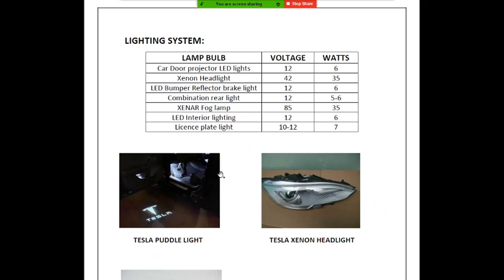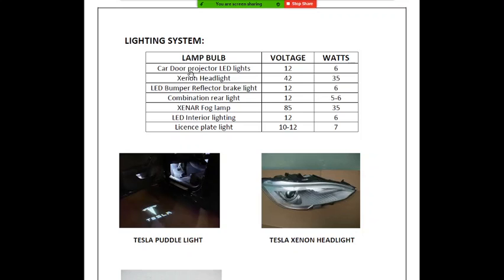Now the lighting system. There are headlights, fog lamp, license plate light, interior lighting, and the puddle light. These lights have a voltage range of around 12 volts, increasing based on the application.